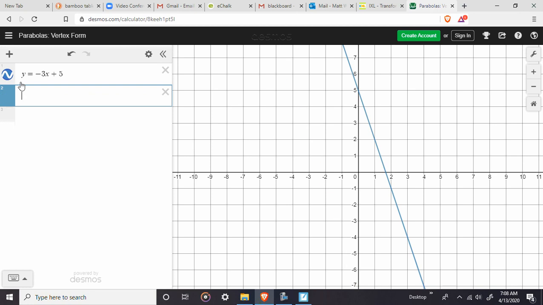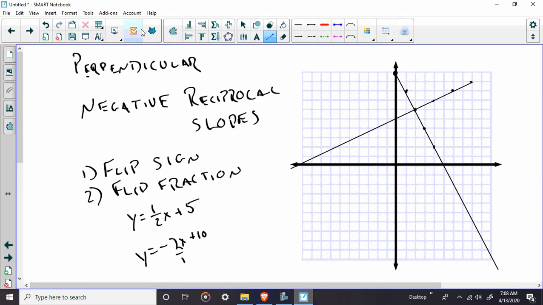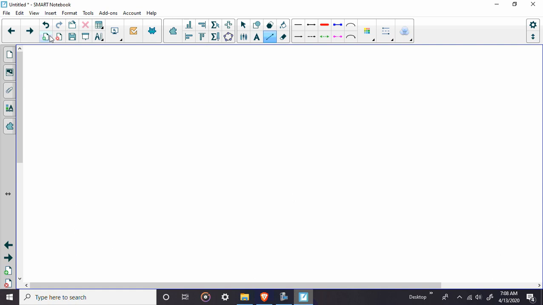Now, if I want a line perpendicular to this, we need to take our slope. We need 2 things. So negative 3 needs to become positive. It was negative, now it's positive. 3 as a fraction is 3 over 1. Our slope was negative 3, so we need the negative reciprocal.